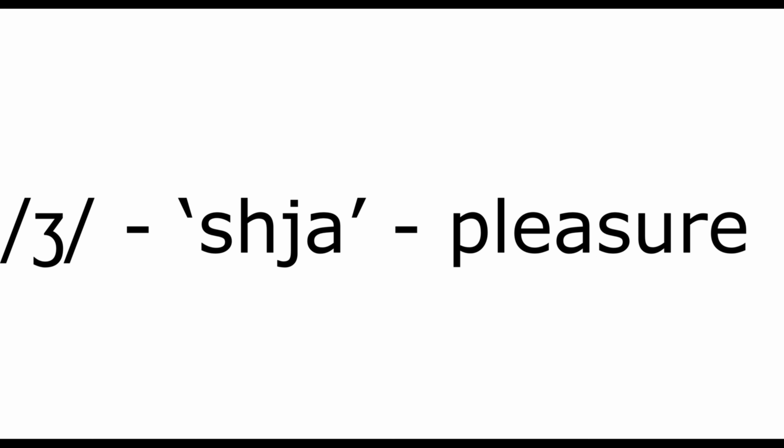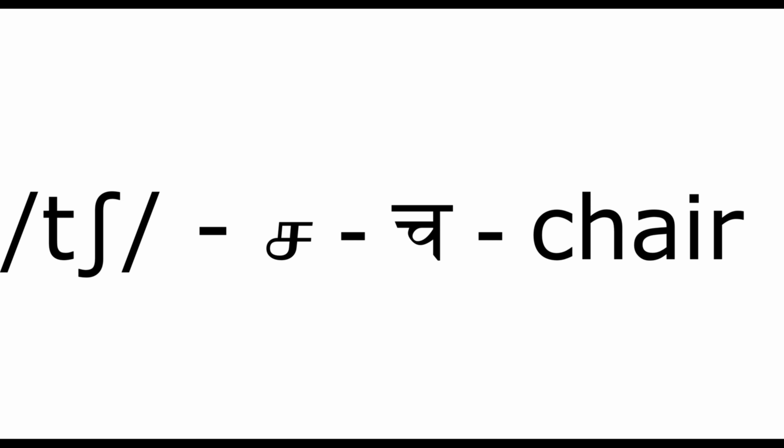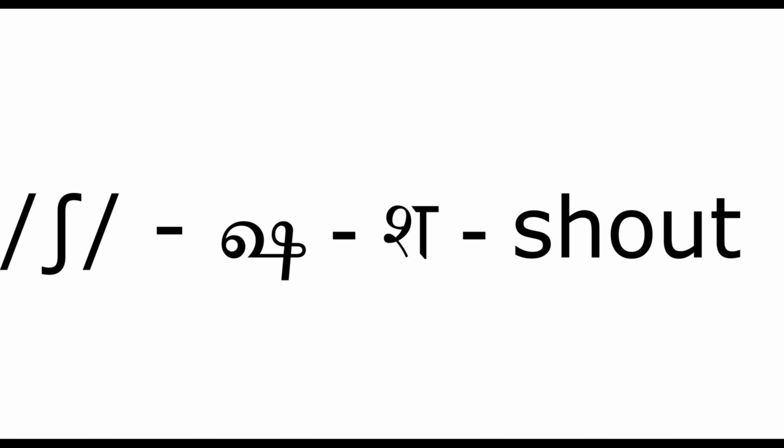Next is the other j sound. As I told you before, it sounds more or less like the combination of the sounds sh and j together. Pleasure, measure, treasure. Next is the ch sound, as in chair, church. Then the sh sound, as in shout, push. Then the th sound, as in thank.